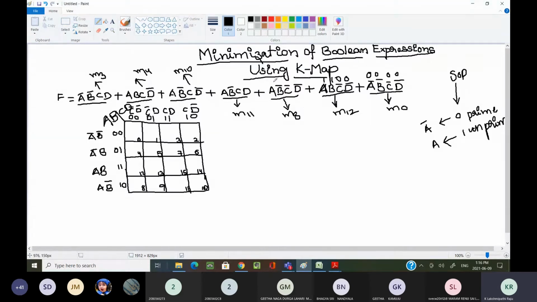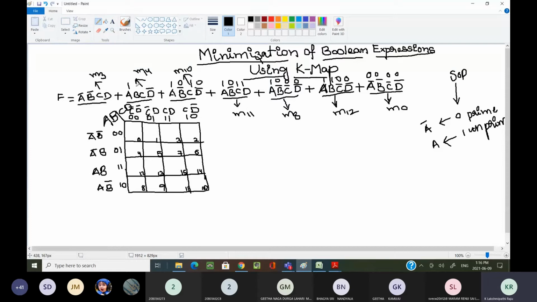Here 1000 is min term 8. 1011 is min term 11. Here 1010 is min term 10.